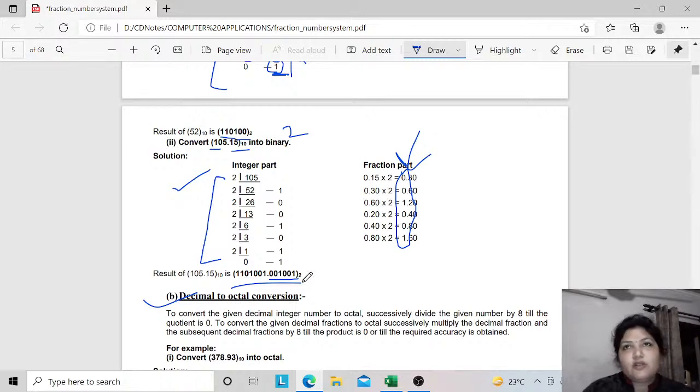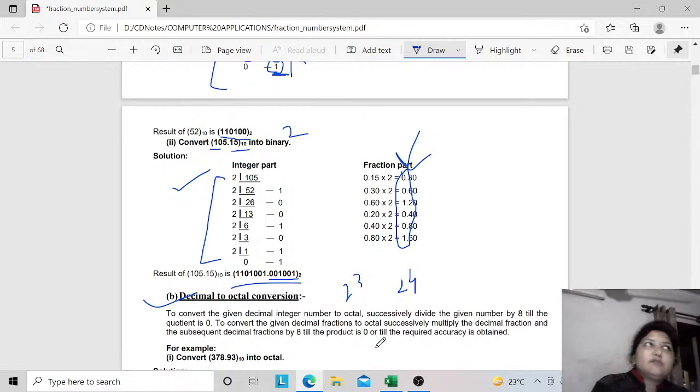The most important thing is padding, when you use 2 raised to the power 3, how you make the groups. All these number systems are positional weighted systems, because for a computer system we cannot have a non-positional system. We usually refer to the positional weighted system only.